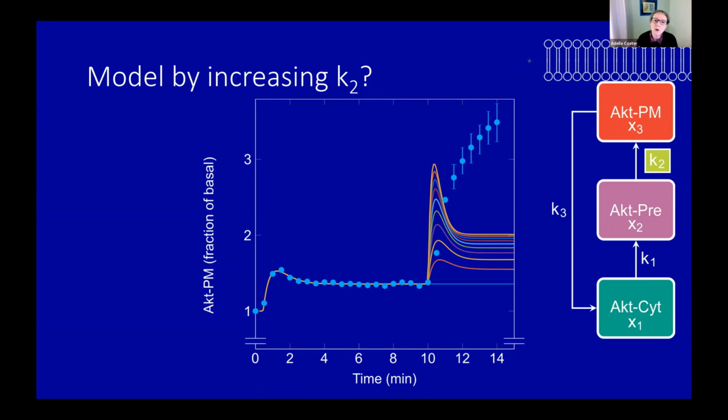And so it was not possible to get this slow rise that we're seeing at 100 nanomolar from just having K2 being the change and then having it depleting our pool in the primed pool and then having a delay.